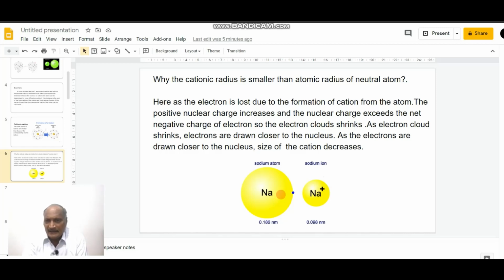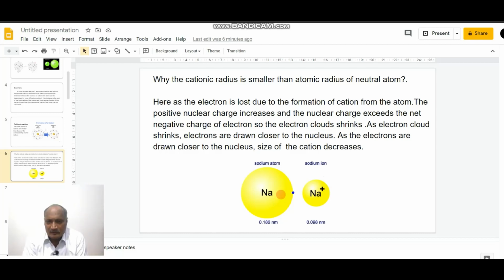So the electron cloud shrinks. As the electron cloud shrinks, electrons are drawn closer to the nucleus, and the size of the cation decreases.